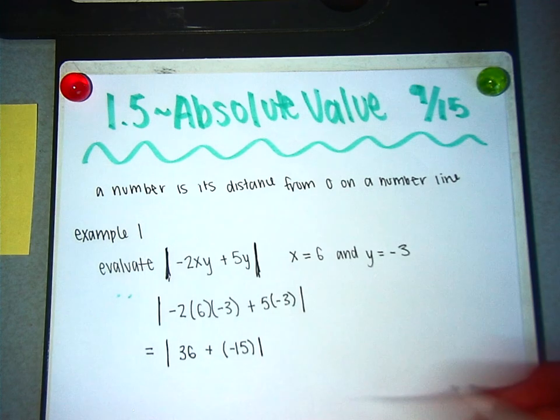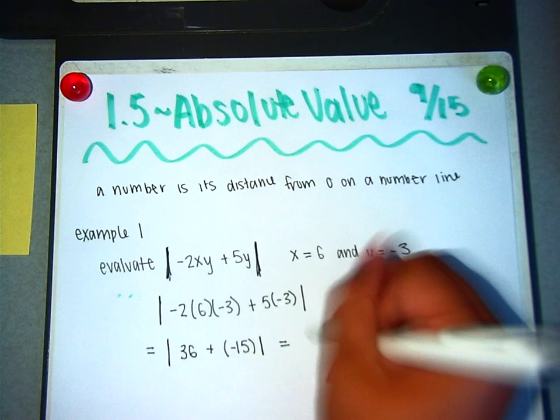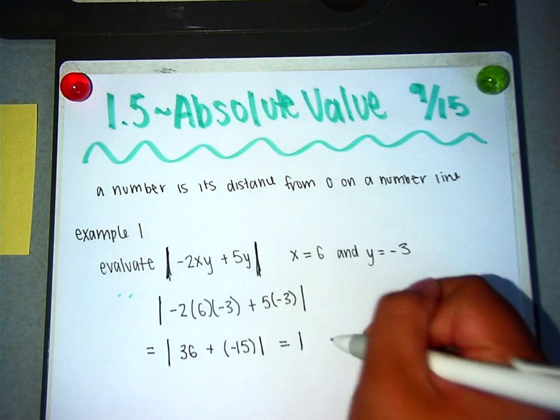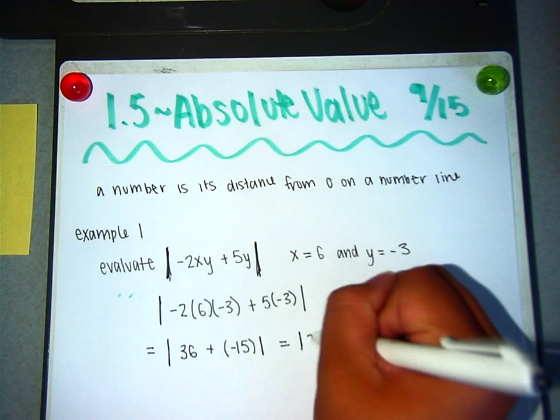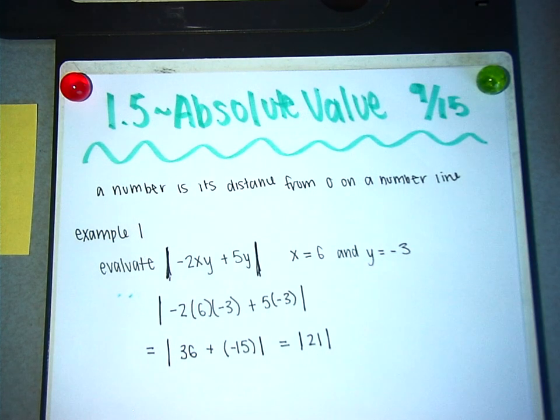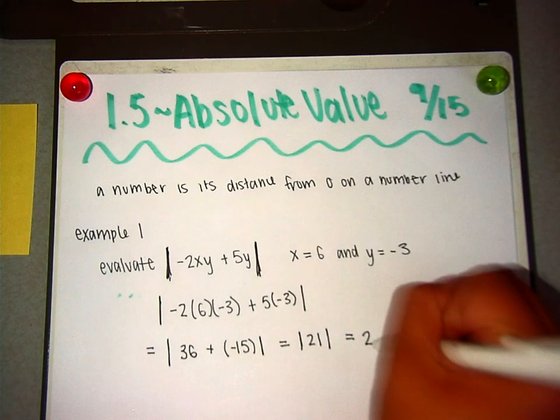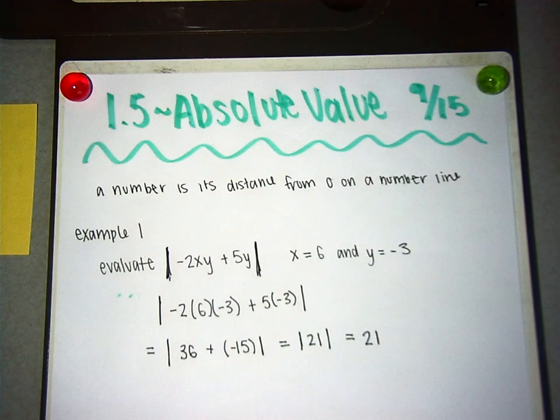Now we have to add: 36 plus negative 15 equals 21. Then we can remove the absolute value sign, which gives 21. So an absolute value changes a negative to a positive. But what does it do to a positive? It just keeps it positive. It's not the opposite of everything.